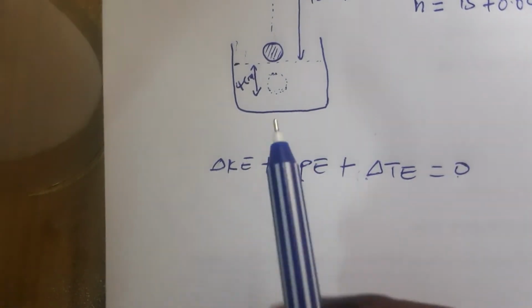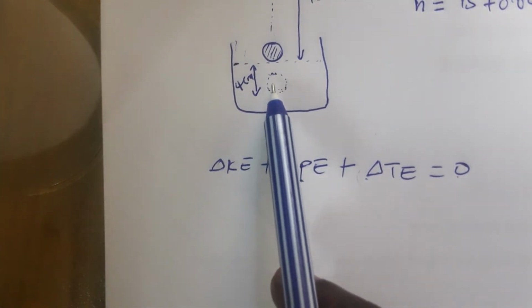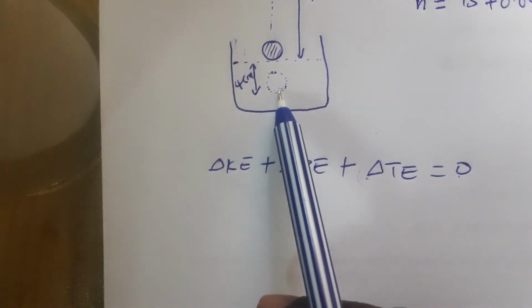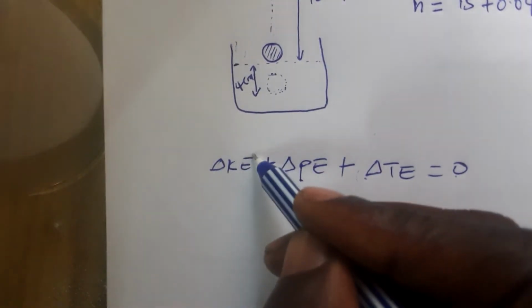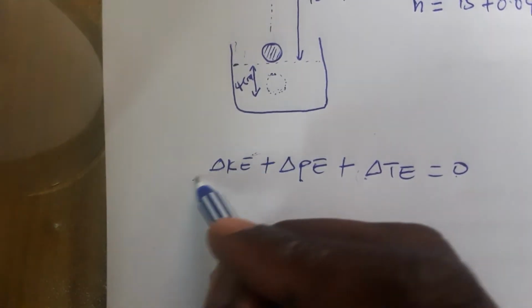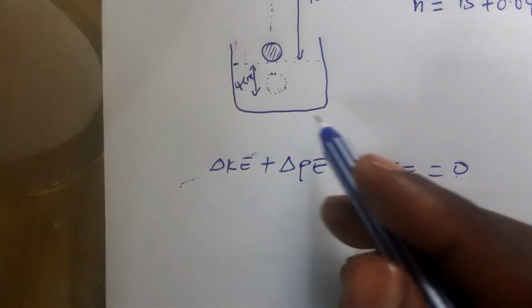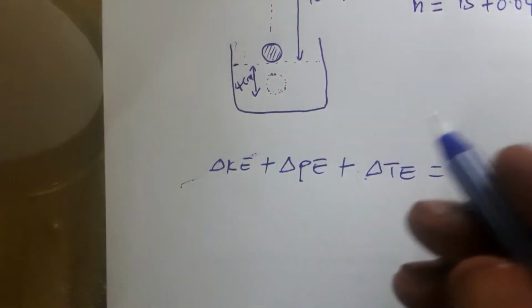Okay, so we shall say change in kinetic energy, change in potential energy, change in thermal energy is equals to 0. But let's say we know that this ball at the moment is at rest after it landed, and its velocity is 0 meters per second. So we'll get rid of the change in kinetic energy, because the ball doesn't have kinetic energy at this point.